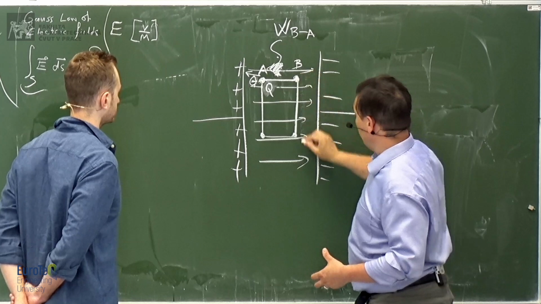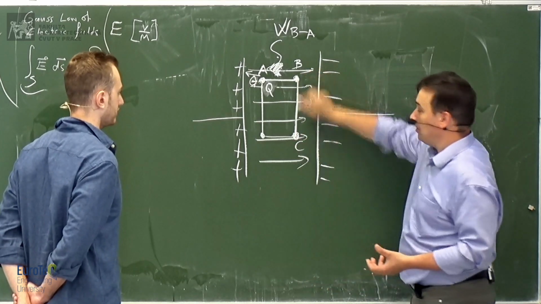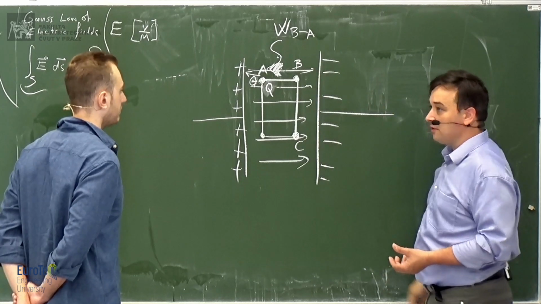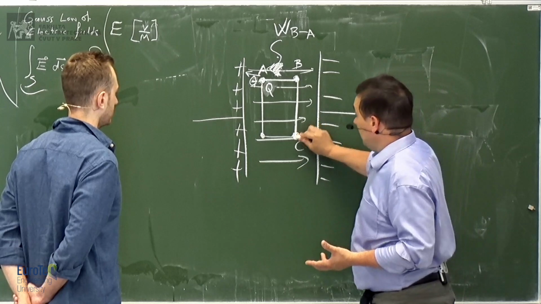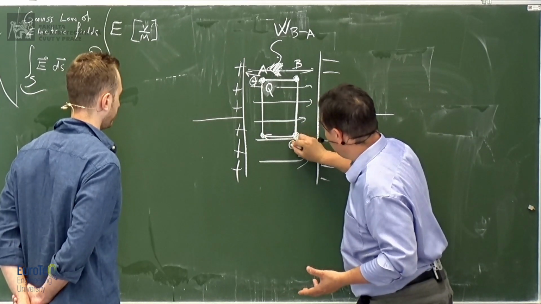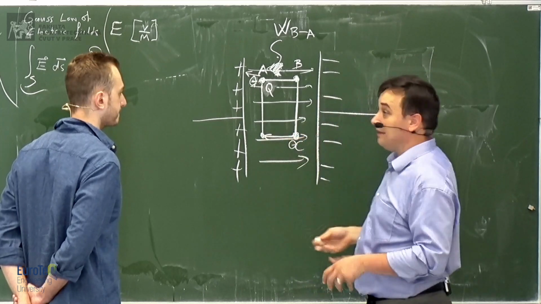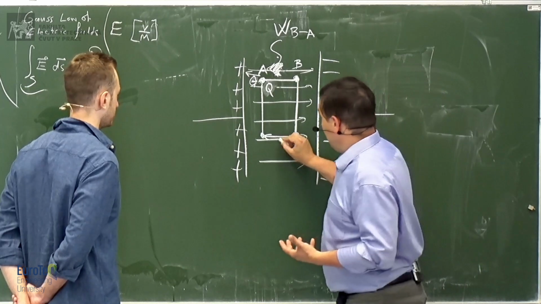Here, you move from B to C, 0, because we are always at the same distance from the positive side. The potential doesn't change, so no work. Here, we go in the opposite direction, so our charge is negative, and it goes in the direction that it wants to go. So it's negative work.